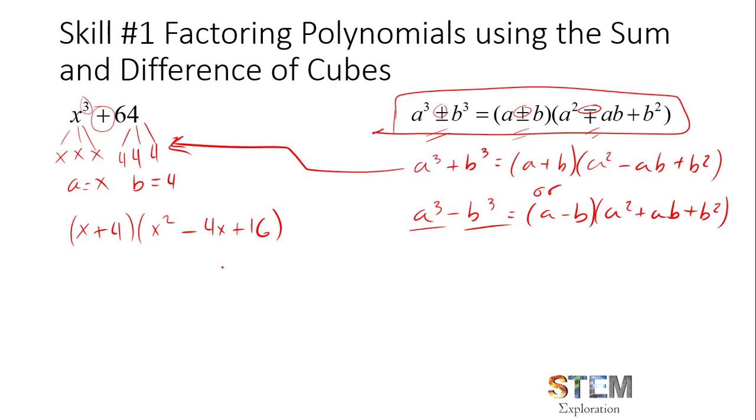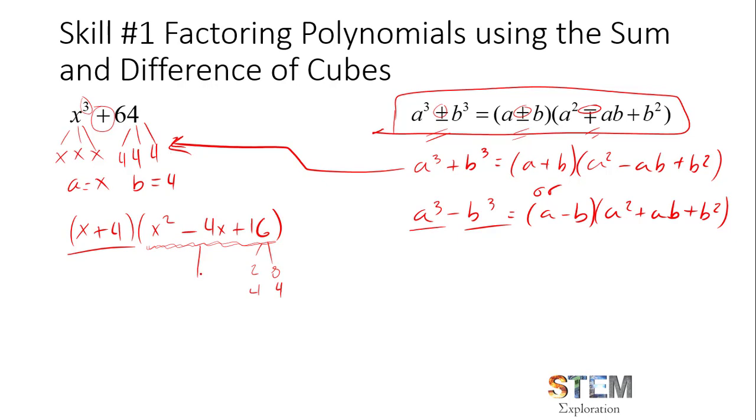What's really useful about this is that if you have to find solutions for a given polynomial, we can't just take the cube root of both sides and say that x is equal to negative 4. That is only one of the roots, which is represented by this binomial. If we can break down a cubic binomial into a normal binomial times a quadratic trinomial, we now have tools to find these other roots.